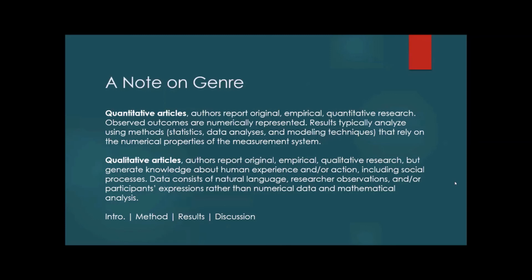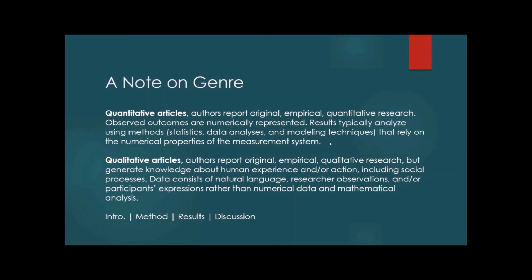Before we get there though, reading with purpose also requires that we think about what kind of genre we're reading in. I think a lot of your classes ask you to discern the difference between quantitative articles and qualitative articles. So just a very brief outline: quantitative articles are usually numerically represented research. They have empirical quantitative research, typically analyzed using statistics, data analyses, and modeling techniques that rely on the numerical properties of the measurement system.